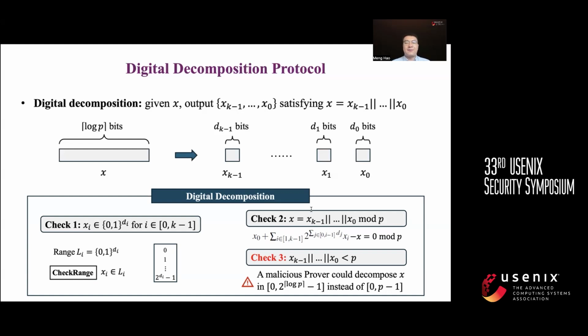The reason is that a malicious prover could decompose x into a value from a larger field rather than Z_p. This situation can still pass the first 2 checks. We also give an efficient digital decomposition protocol for positive values. For more details, please refer to our paper.